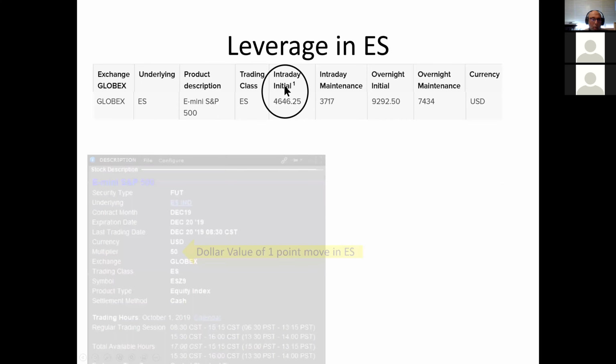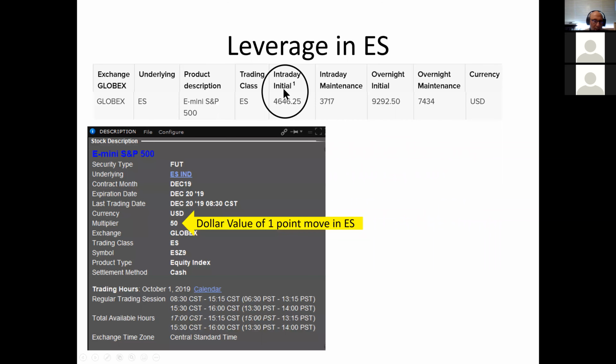And let me show you now what one contract is. One contract is basically one of the E-minis, which is selling at a price of roughly 3,000. Okay, so you could go into the market and buy one of those.